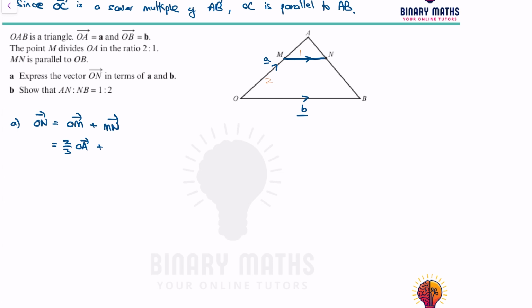Because MN is parallel to O to B, it's a scalar multiple of O to B, which means I get 2/3 A plus lambda times B. So I get 2/3 A plus lambda B. That's 1.